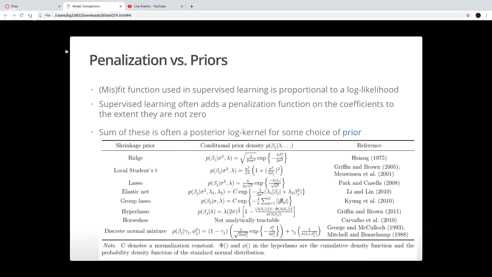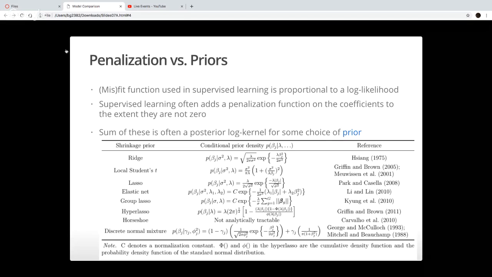And so the sum of the misfit component and the penalization component being minimized in a supervised learning context is usually going to correspond to the posterior log kernel for some choice of likelihood and some choice of prior. But the choice of prior is often really weird.